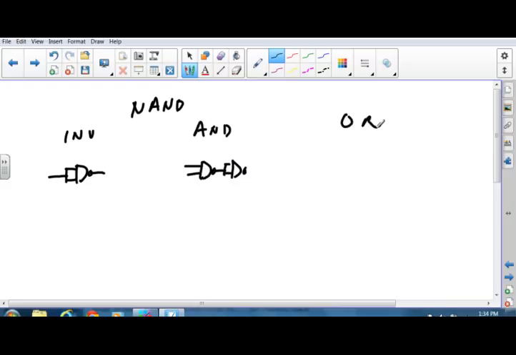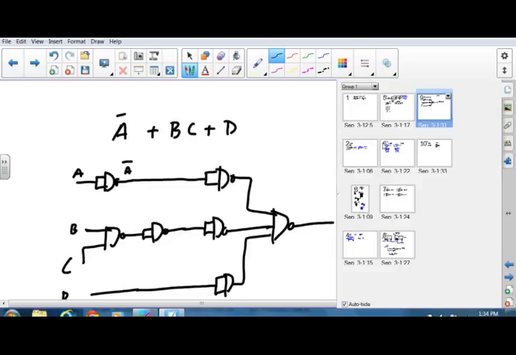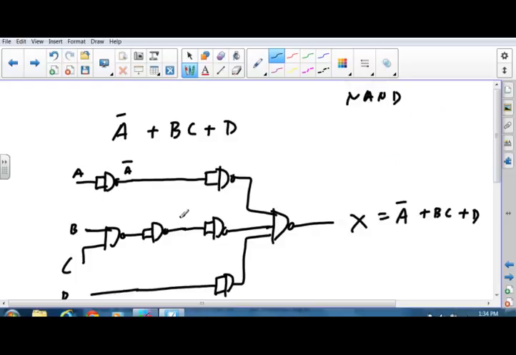And my or now looks like that. So that's what we're doing. So we remember that that's the case. So now if I want to make that, I need an A naught. Here's my B, C, here's my D, and there's my OR circuit that'll give it to me.